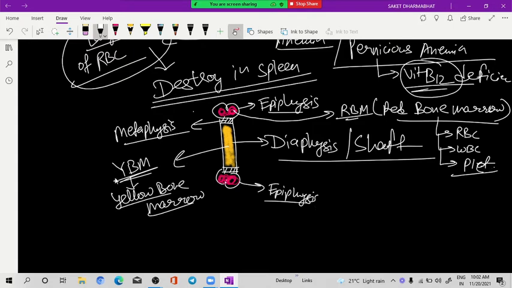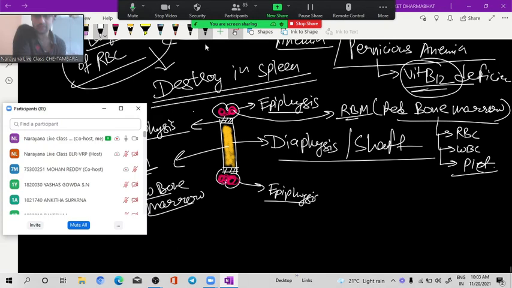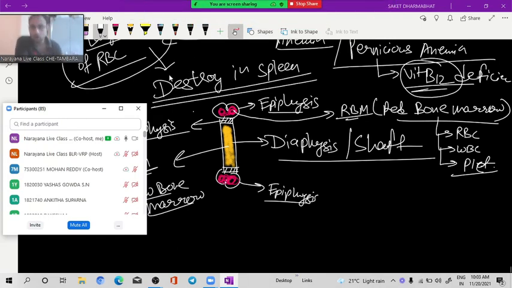But yellow bone marrow consists of white fat. At the time of emergency, this yellow bone marrow also becomes red bone marrow. But normally in the epiphysis part, red bone marrow is producing the RBC.